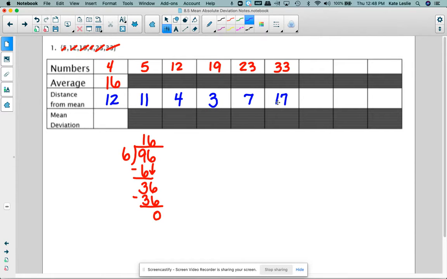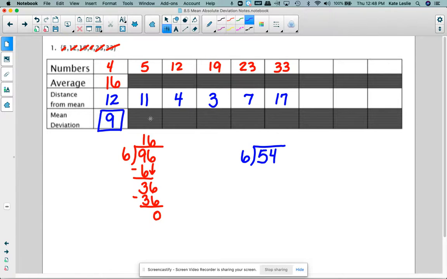When you add them all together, you should get 54. And we're going to find the mean of this set of data. So 54 divided by, there are still 6 numbers. So I'm going to divide by 6. And we don't have to do long division for this. 54 divided by 6 is 9. So my mean absolute deviation is 9.